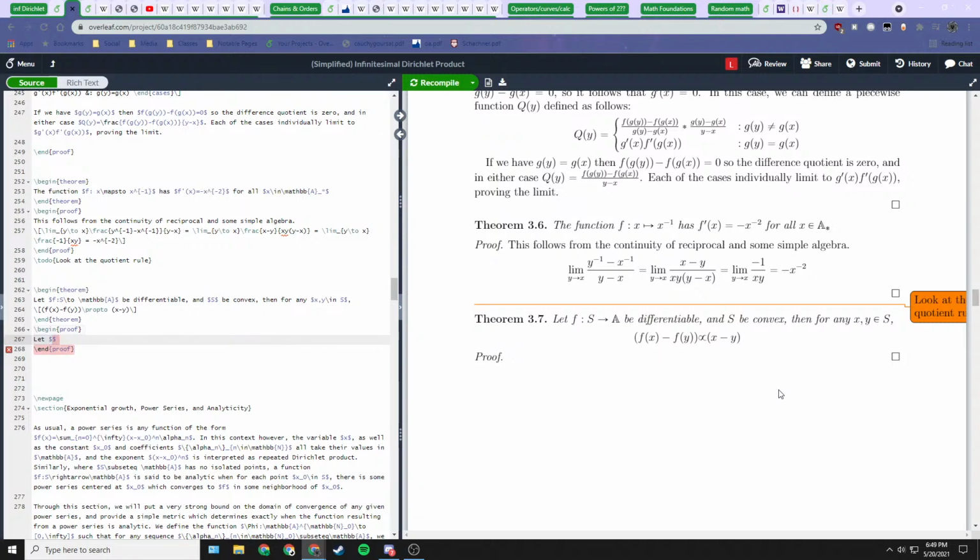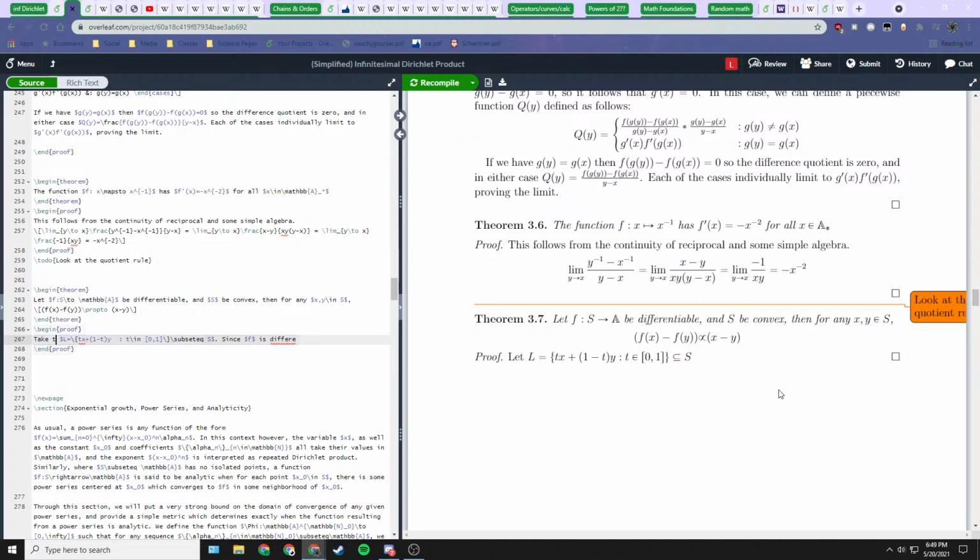Instead of S, we'll let L be the set of tx plus 1 minus t times y such that t is in 0, 1, which we notice is a subset of S. Actually, we can just take a simple case.